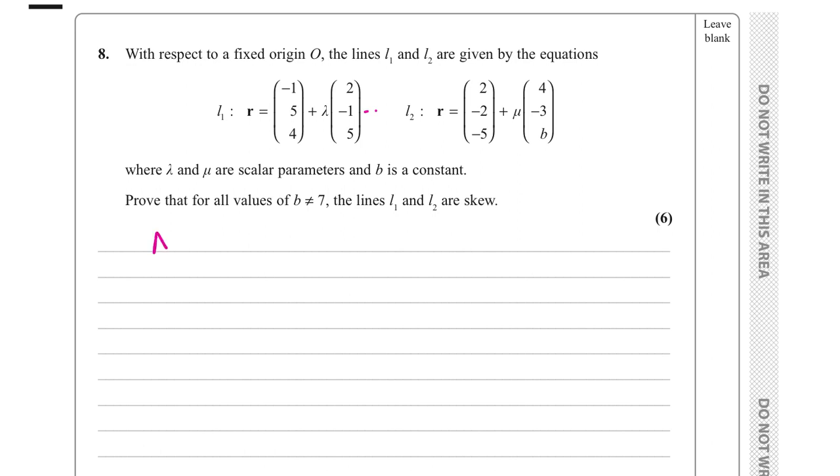Skew means not parallel, nor do they intersect. So we've got to do two different things to prove they're skew. One, we've got to prove that they don't intersect. To prove that they don't intersect, we just have to prove that there isn't a value of mu and lambda. So this one's easy.